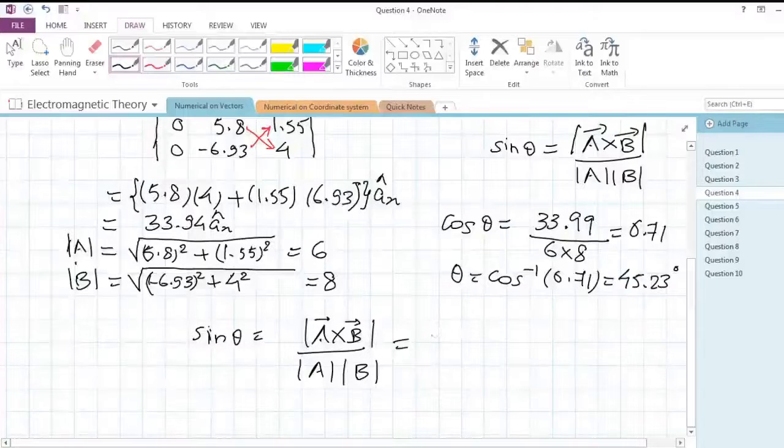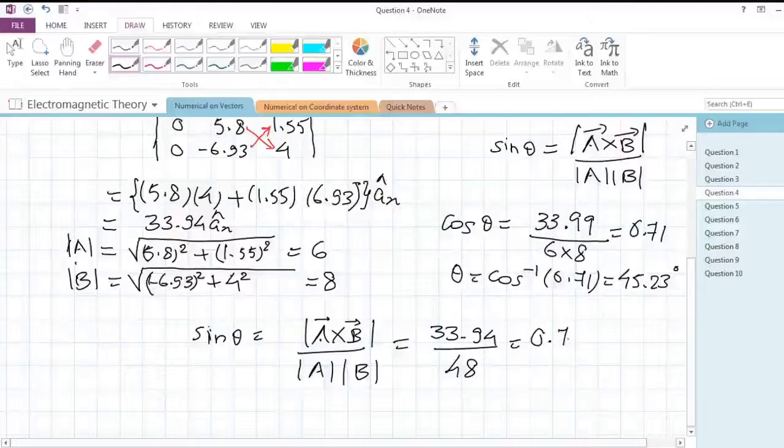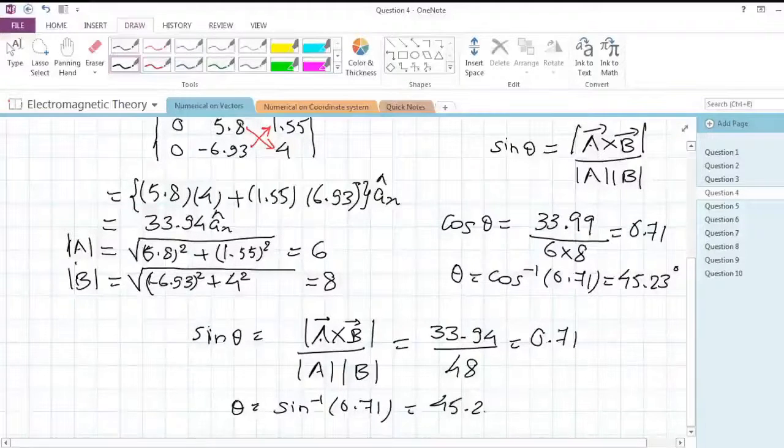So we'll write 33.94 divided by 6 8s are 48, and it will again be around 0.71, and theta is equal to sine inverse of 0.71, which will be again 45.23 degrees.